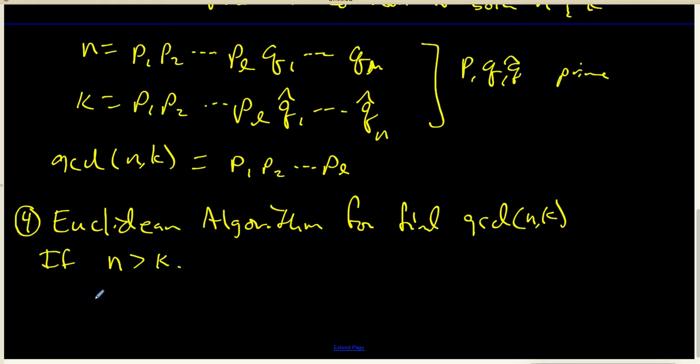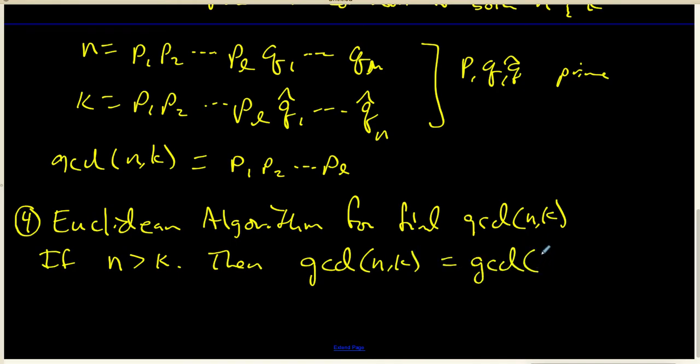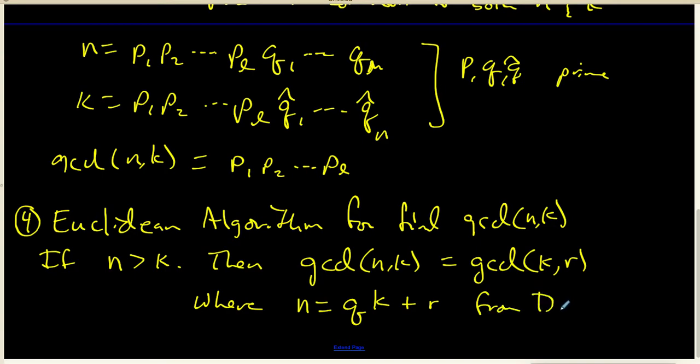And then the Euclidean algorithm basically says that the GCD of n and k turns out to be exactly the same thing as the GCD of k and r, where n is equal to q times k plus r from the division algorithm.